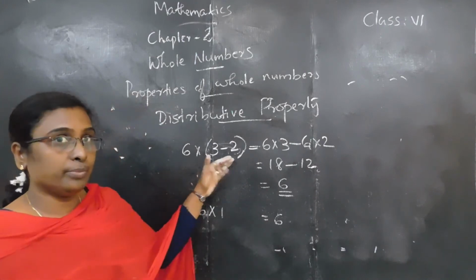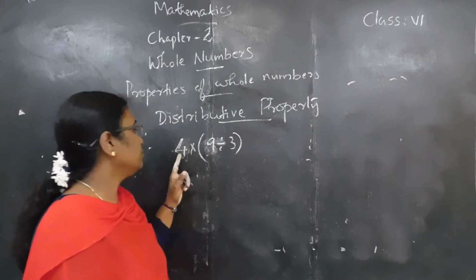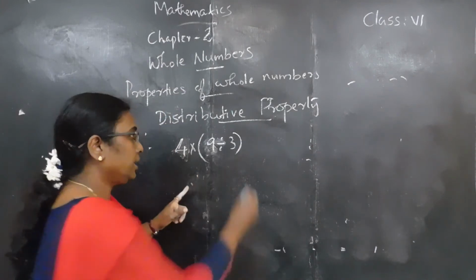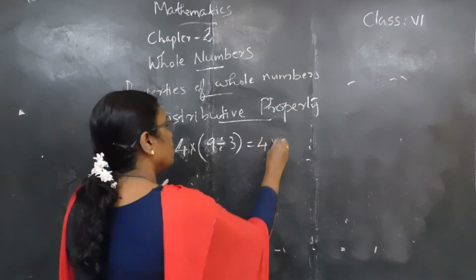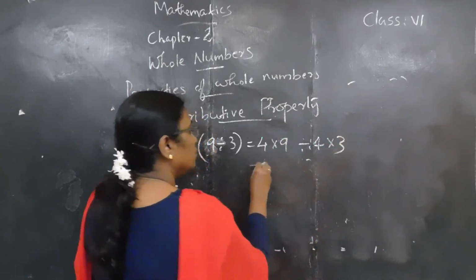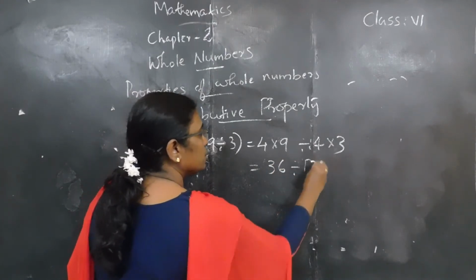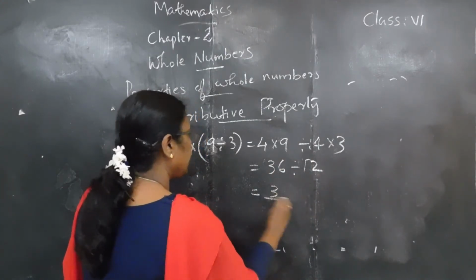We cannot distribute multiplication over division. Consider the example, 4 into 9 divided by 3 compared with 4 into 9 divided by 4 into 3. 4 into 9 is 36, divided by 4 into 3, which is 12, equal to 3.